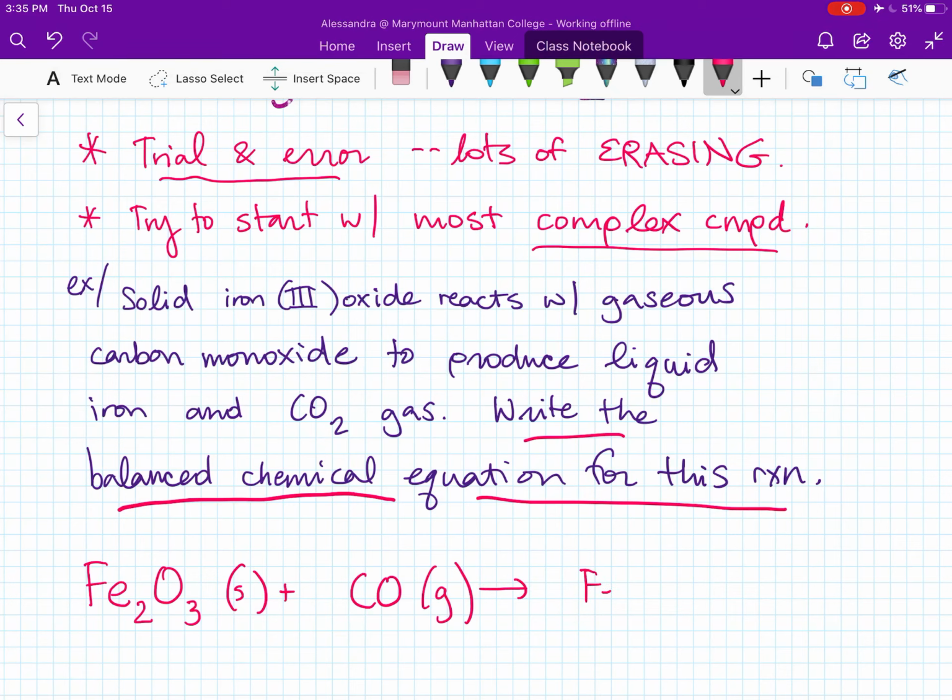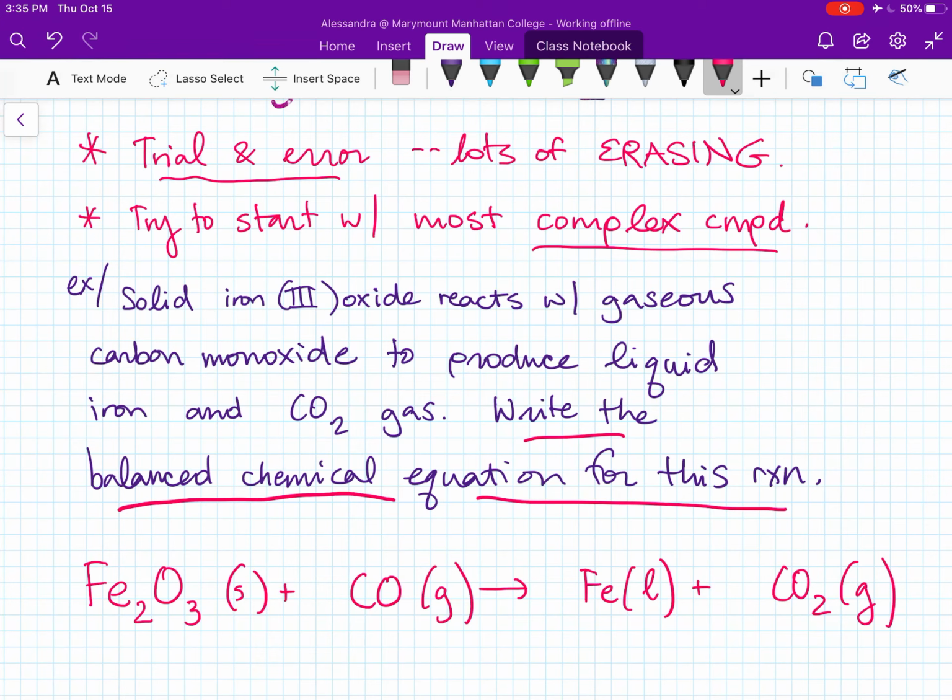We are producing liquid iron and CO2 gas. So the products are liquid iron, so metals form monoatomic species, so we just put the element symbol and then it's a liquid, and then CO2 is carbon dioxide.